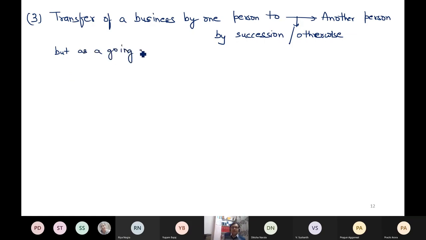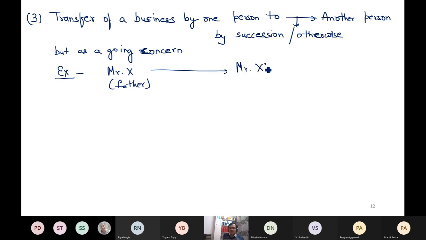For example, if a father dies, normally what happens? For example, if Mr. X's father dies, who was having a utensils business, normally the business will now be run by Mr. X's children. So maybe son or daughter or daughter-in-law.